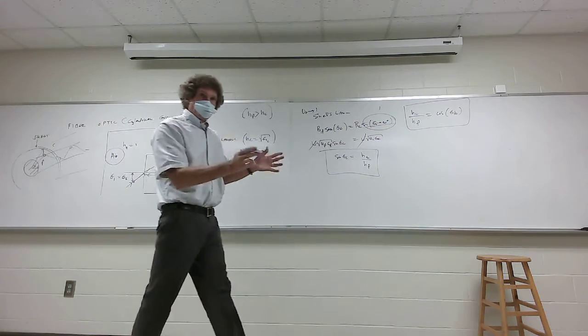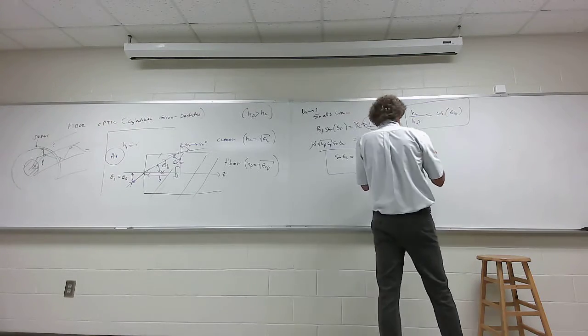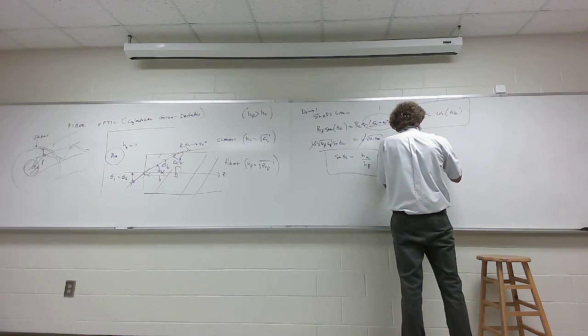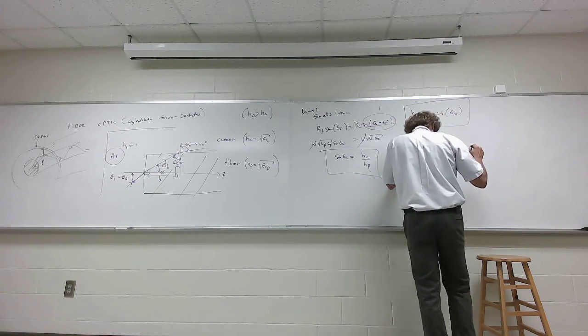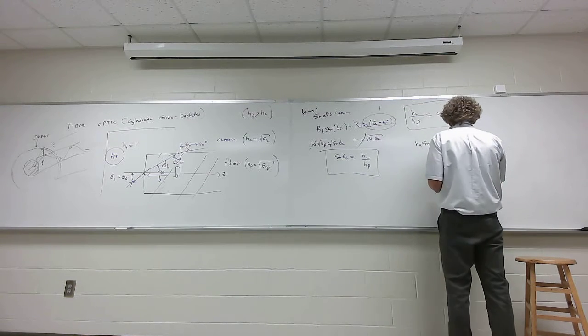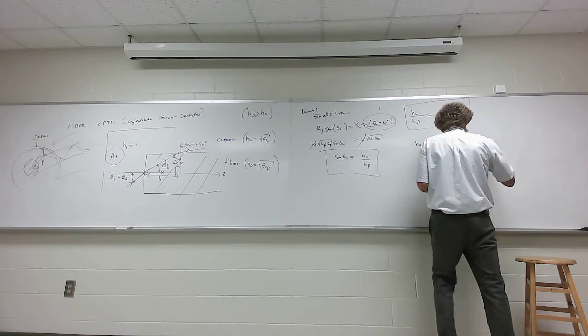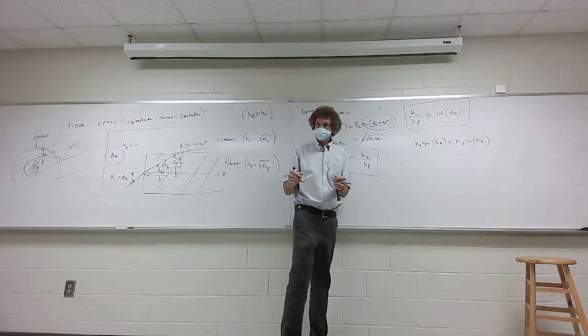So I'll just go right to the actual physics form of Snell's law, which means N A times the sine of theta A is equal to the index of refraction of the fiber times the sine of theta B. Are you all with me on this?